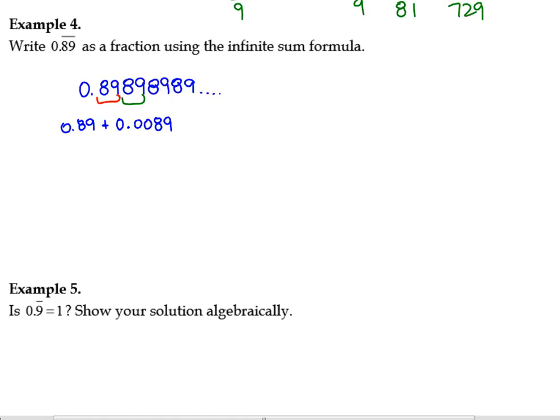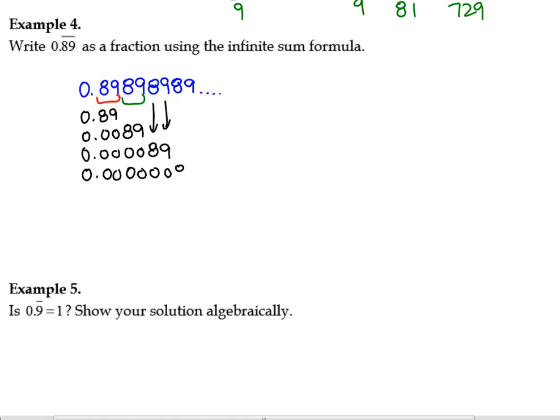Are you with me? Think of it this way before I write it out. This is 0.89. This one here is 0.0089. If we add these all up together, 0.000089 for those two. The next term would be 0.000089. We add these all together, then we get the 0.89 repeating if we keep going for infinity.